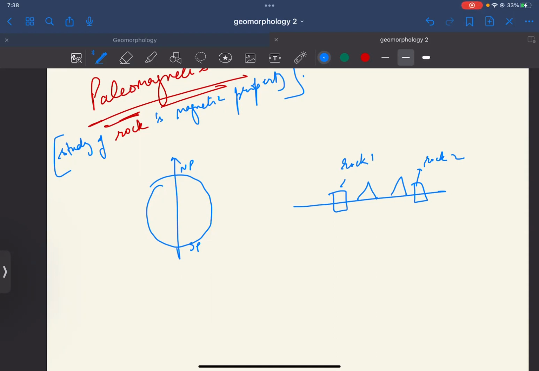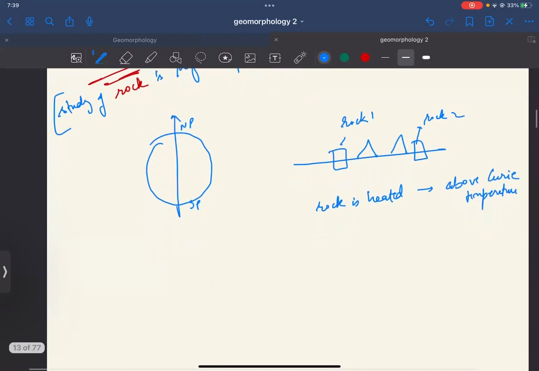So now, if rock is heated above Curie temperature, there is a temperature, you just need to remember Curie temperature. What would happen? The ions, or you can say electrons inside the minerals, they will align.